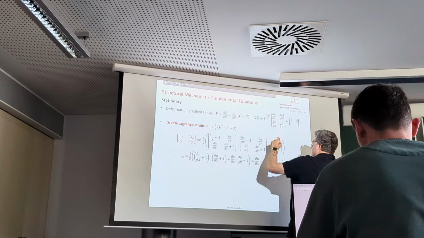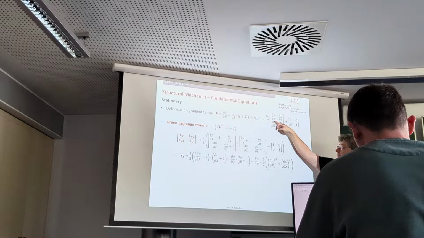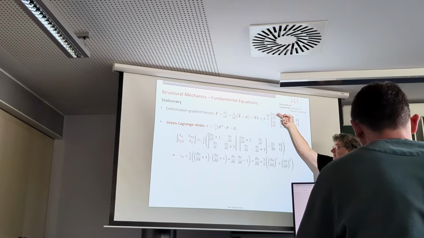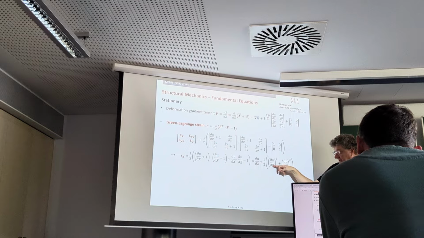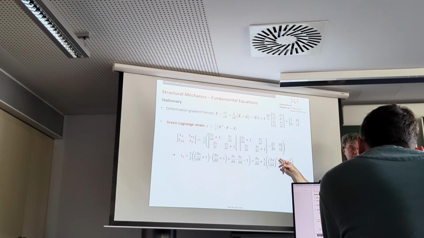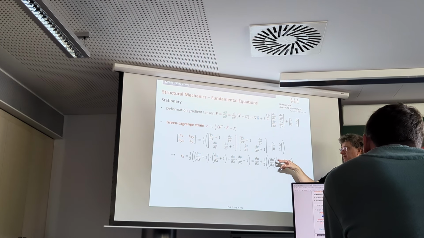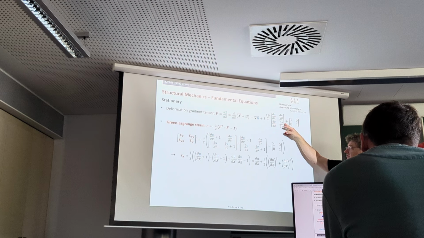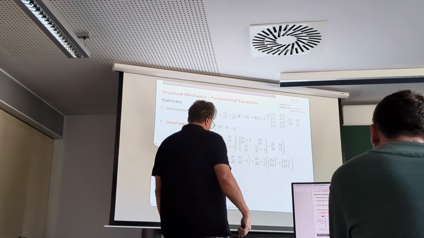Remember what we discussed in 1D, which is very similar to what you know about strain, du over dx. Here we have du over dx squared. That is actually the reason why it is called geometric nonlinearity. Nonlinear means we have a higher order term relevant than linear.